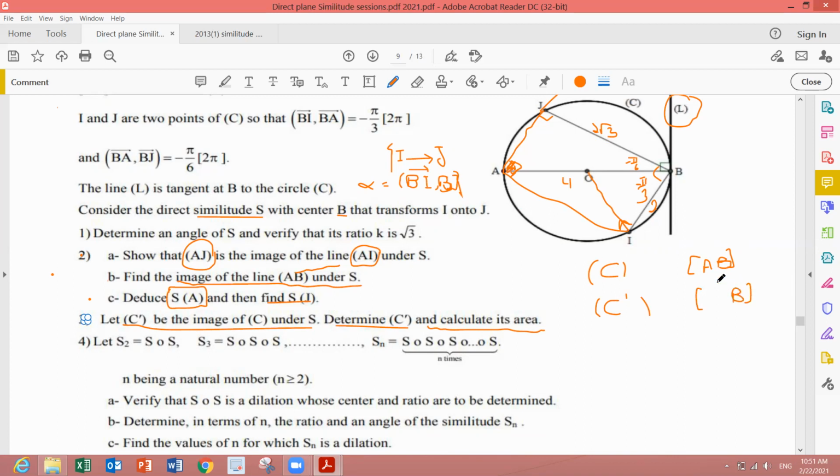A prime. So C prime will be a circle of diameter A prime B with center the midpoint of A prime B. And radius? Radius equals K times 2 radical 3.